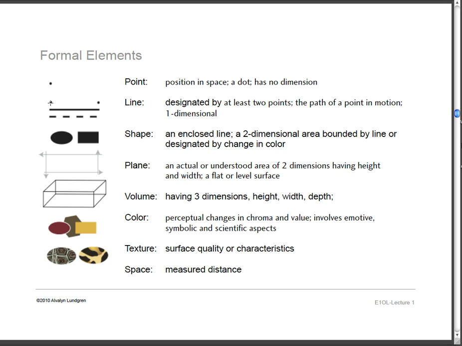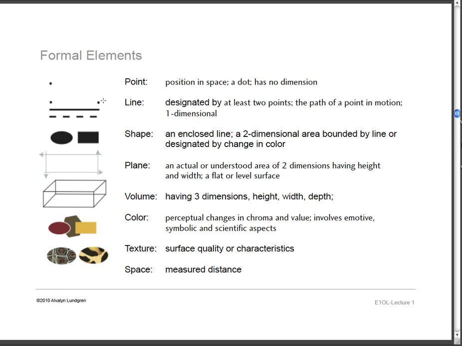So to make a line, we start at point A and we move to a different position and end at point B. So to make a line, we have to start with a point, and then move from that point to a different position and land there, and then the line ends. So line is created by moving from point A to point B to point C and so forth. So line is a path of a point in motion, or the connection between two or more positions or points in space.